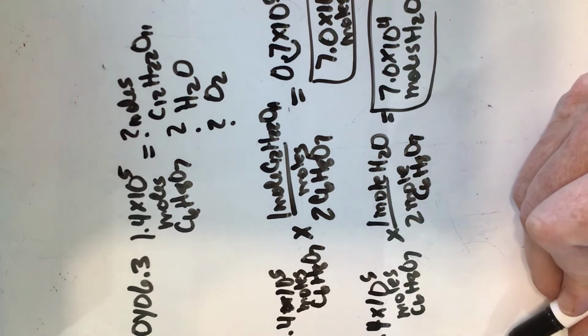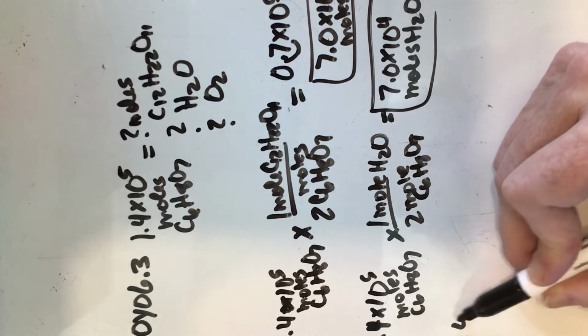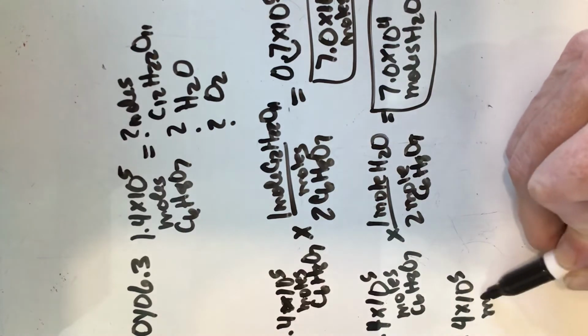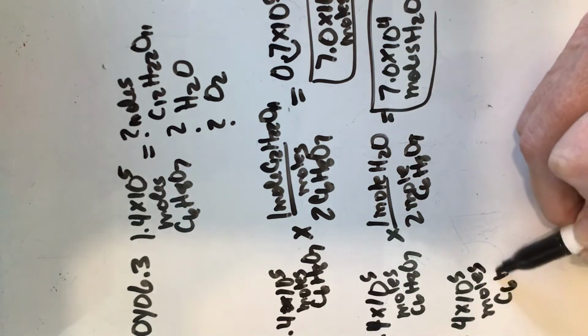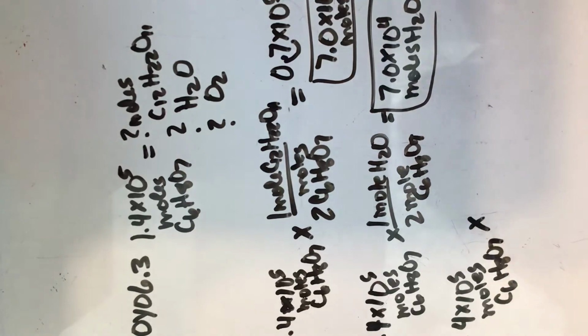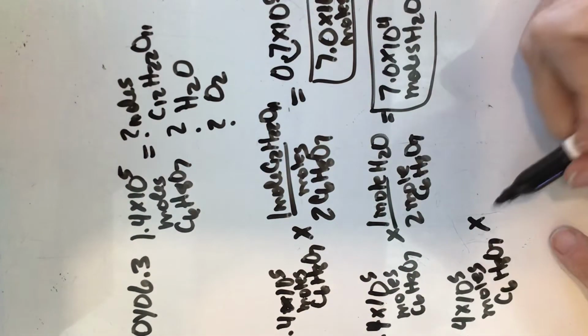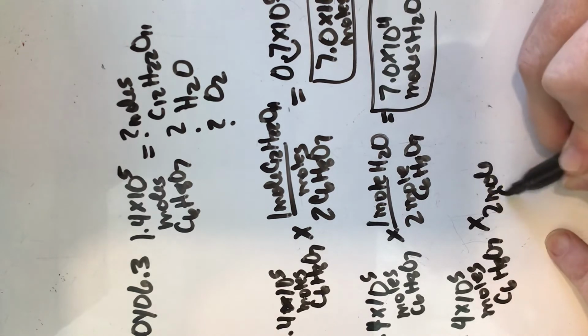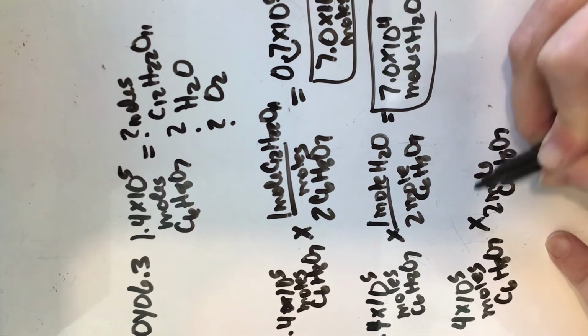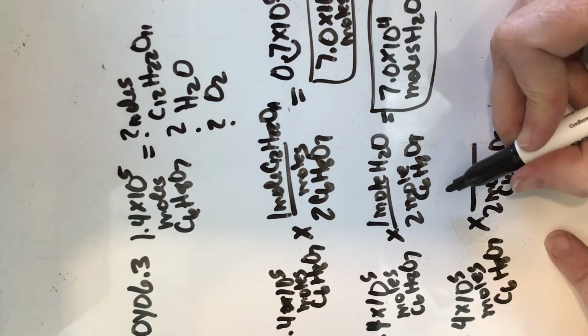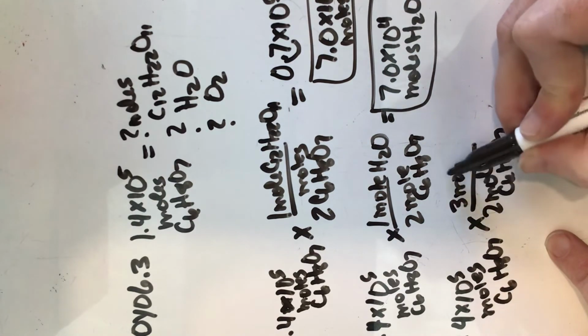So the third part is finding O2. We start in the same place we started. And the O2 has 3 of those for every 2 of our citric acid, 3 for every 2. So we're going to put our 2 citric acid on the bottom, and our 3 moles of oxygen on top.